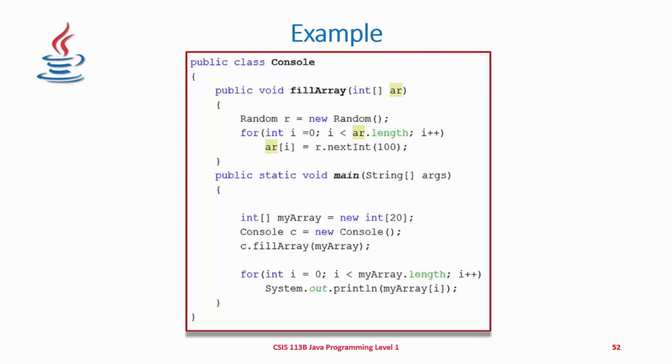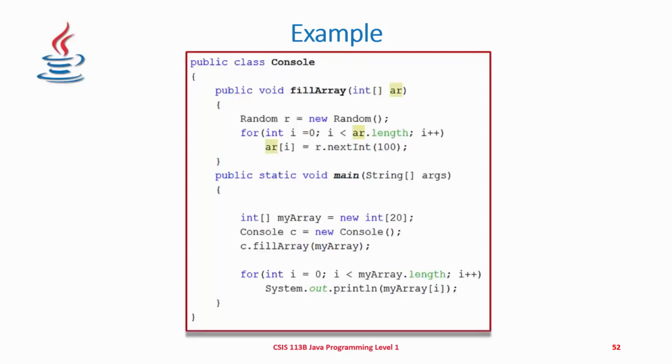So then when we come back to our main method, you can see we have a for loop here where we run through the myArray, and when you print that out to the screen, you will see that there will be 20 randomly generated numbers in that array. So myArray in main points to the same address on the heap that the custom method's parameter ar is pointing to.